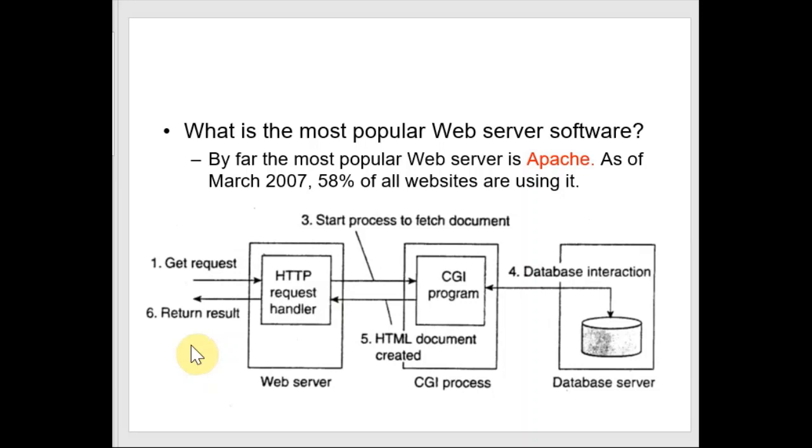The server will then pass the document to the client. It appears as if the server is asking the CGI program to fetch a document. The server does nothing but delegate the fetching of a document to an external program.